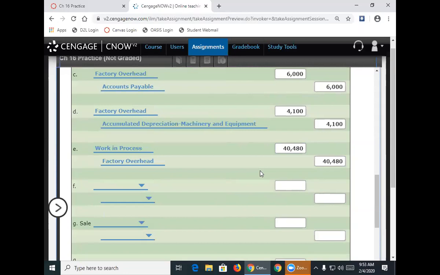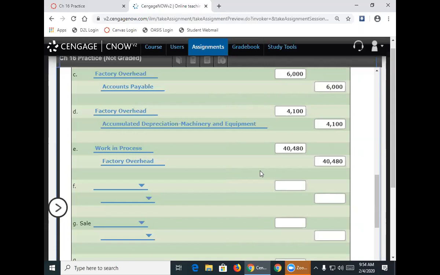Okay, for the next part I'm going to have to erase most of this because I need room to write the jobs, so we'll have to come back to the journal entries. But before we erase it, I want to talk about this factory overhead. It's not in our exercise, but at the end of the month, I would need to look at actual versus applied.